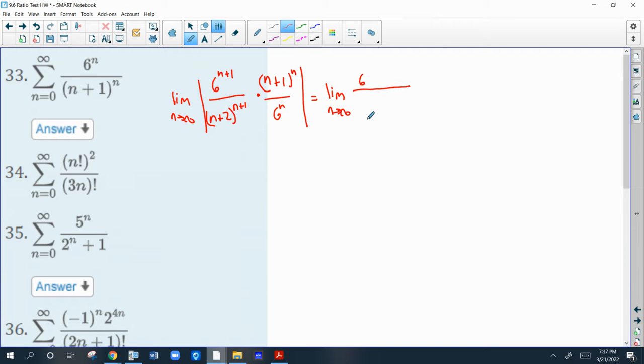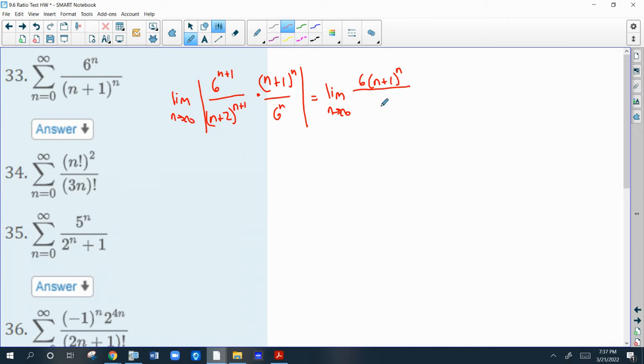Here's where we're going to run into trouble. We have n plus 1 to the n, and we have n plus 2 to the n plus 1. The first thing I'm going to try to do is get it so that we have a common exponent, because it's easier to work with it that way.